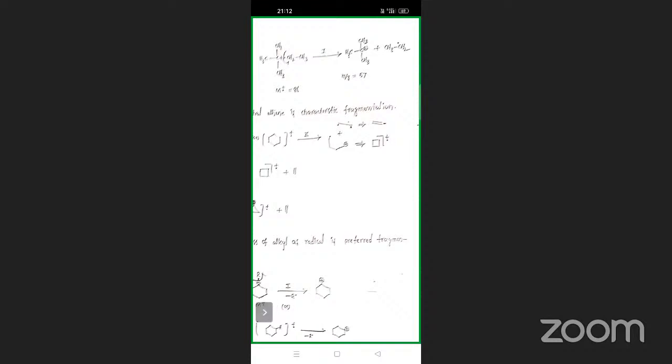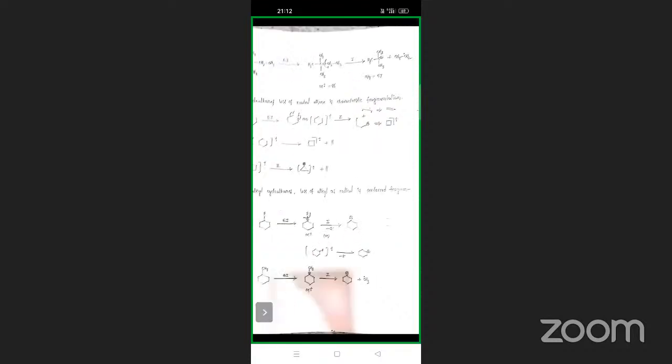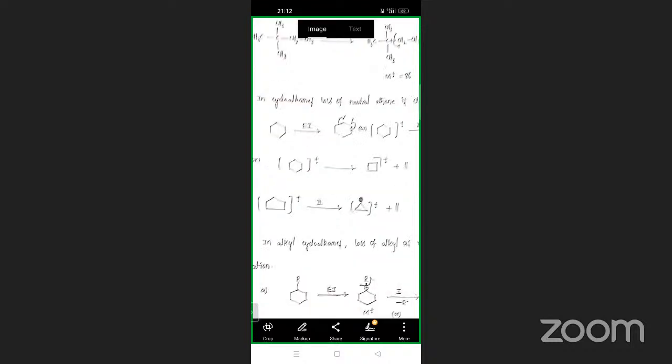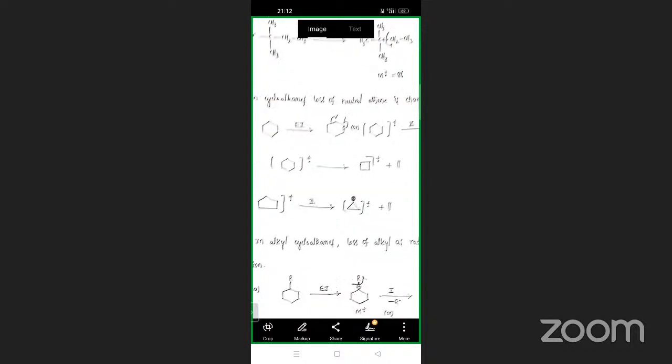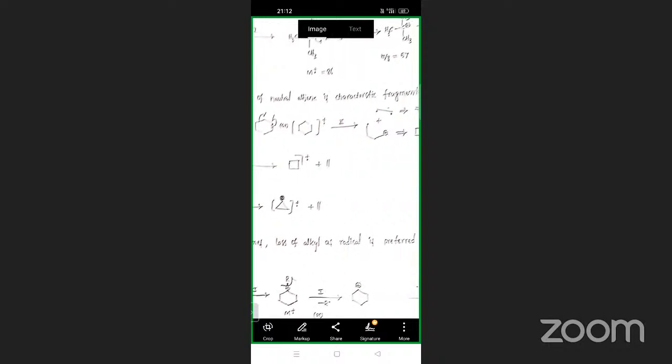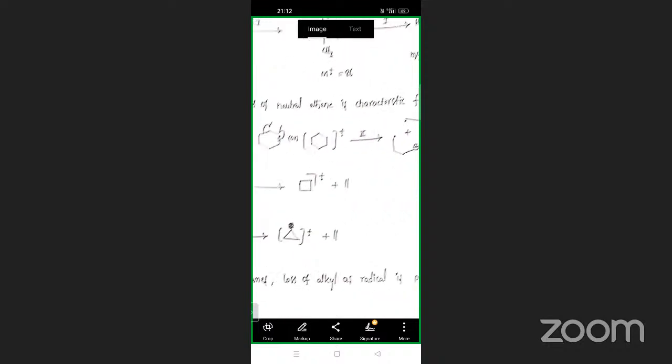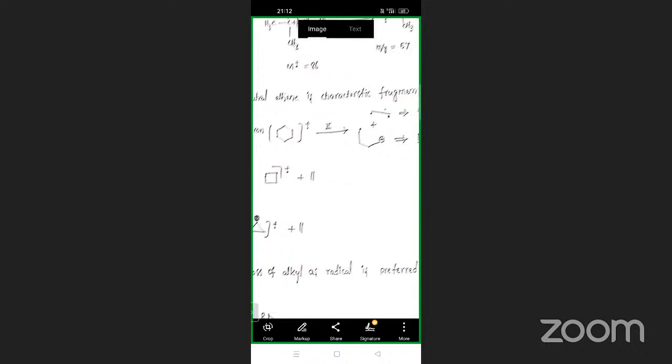And the third rule: in cycloalkanes, loss of neutral ethene is a characteristic fragmentation.